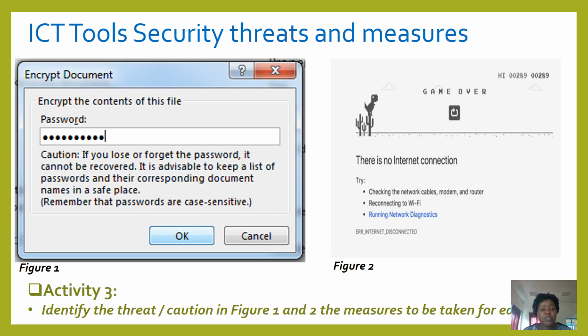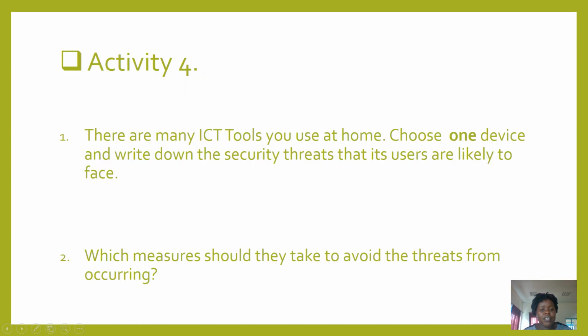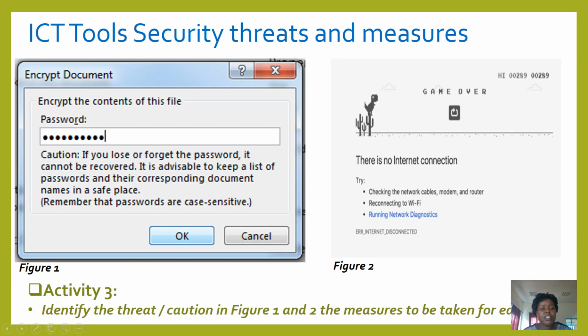There are some precautions that we need to take as we use those gadgets to protect our documents and the files that we keep on those gadgets. On our slides, we have this picture talking about encrypting our documents, and I understand many of you have ever come across it.